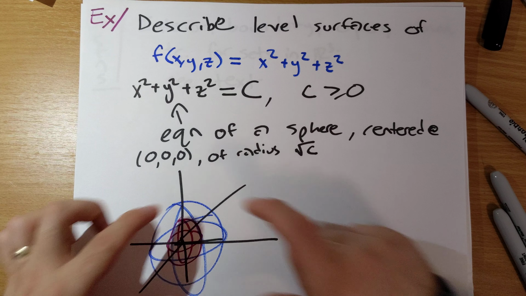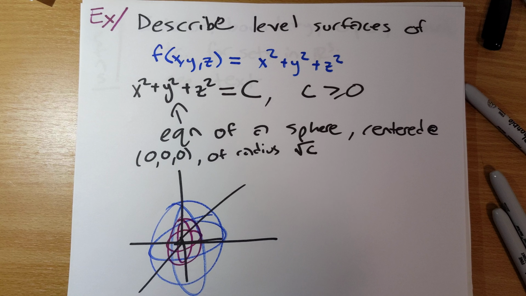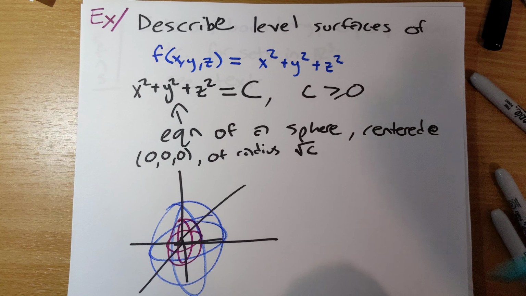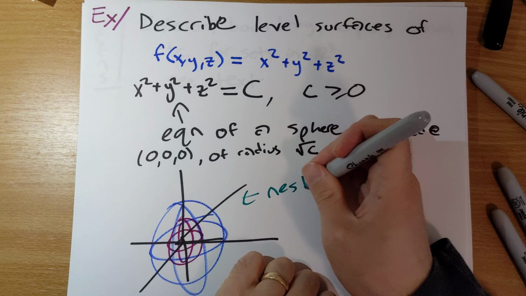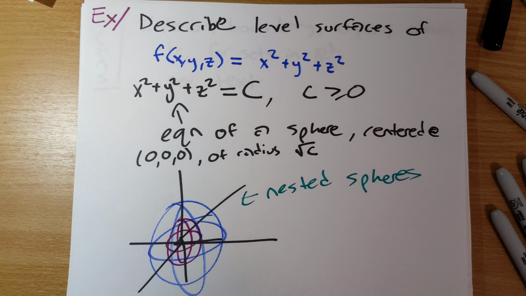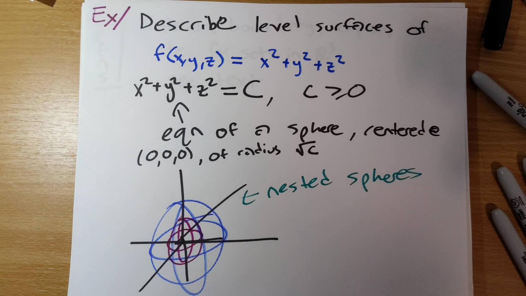Square root of 9 is 3, and so if you just think about that, what's going to happen is that you're going to have lots and lots of nested spheres. And so what happens is that this suddenly becomes very, very difficult to draw.